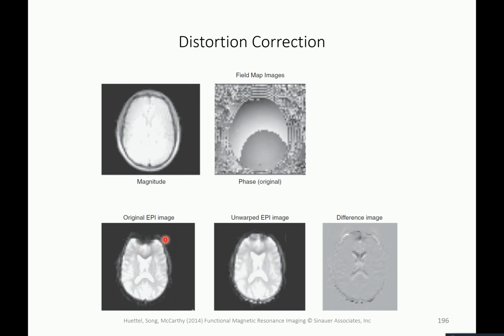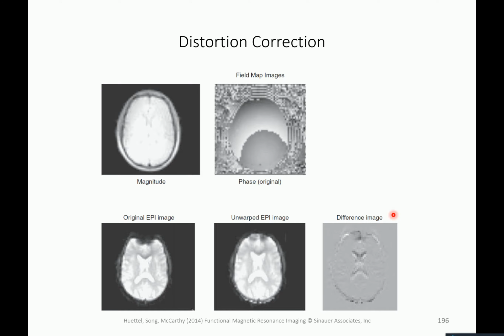I don't think this is standard frontal signal dropout. The main thing is that this was the EPI image that was acquired. At the same time, there was a field map acquired in magnitude and phase, because this is acquired in Fourier space, as we will learn in January. And this information can then be used to unwarp, this is how people call that, or correct the EPI image. And you see that it's mainly doing something here.